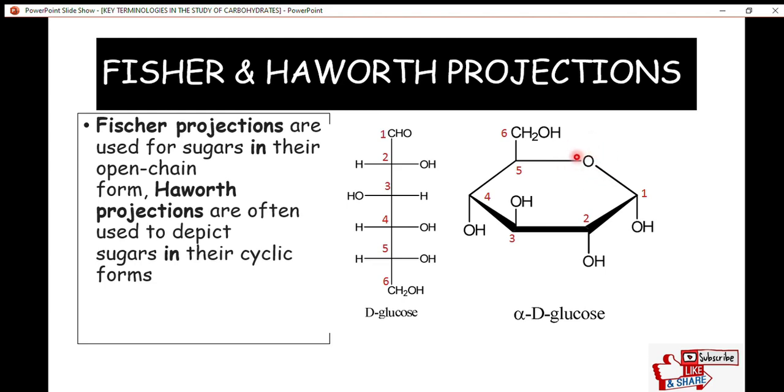It is between the penultimate carbon and the functional group of the other glucose. We have this aldehyde functional group and an OH here, and there is going to be a bond linkage between these two groups to form this linkage over here. We'll talk about it in the next slide.